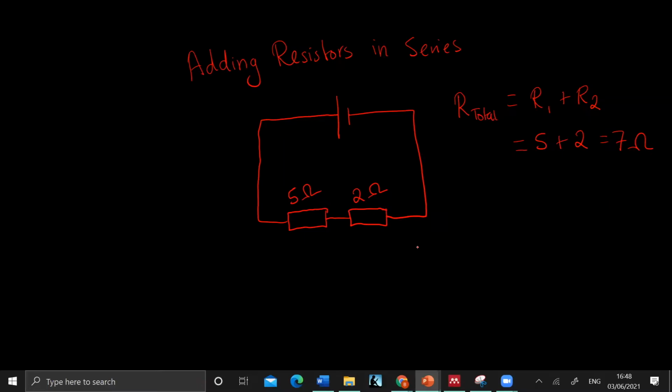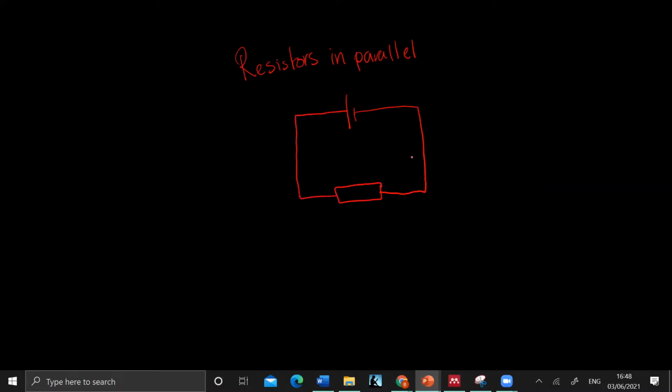Very, very simple. But resistors in parallel are a little bit more involved. Let's draw a circuit. Let's have one resistor here and another one in parallel.